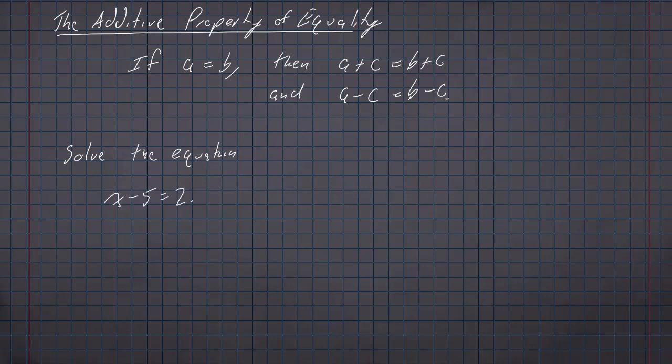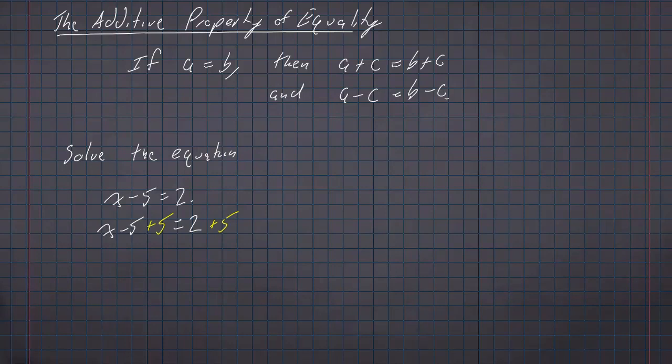So if I want to solve the equation x minus 5 equals 2, I can add, in this case 5 will be appropriate, to both sides of the equation. I can take x minus 5 and add 5. I can take 2 and add 5.